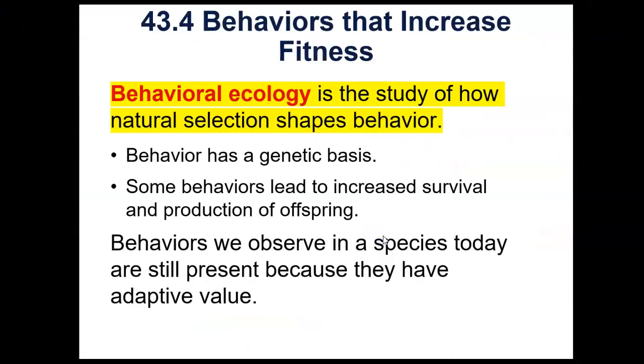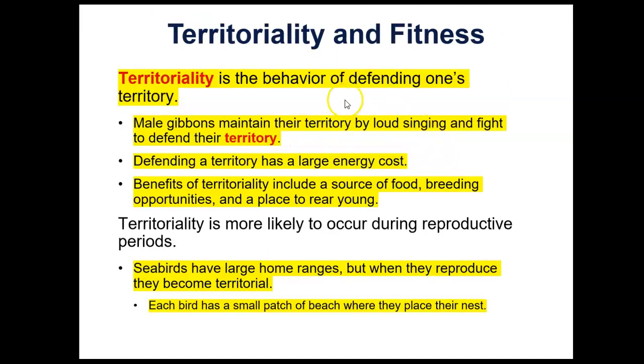So moving on to section 4, behavioral ecology is the study of how natural selection shapes behavior. So these are behaviors that increase the fitness of the organism. Territoriality is the behavior of defending one's territory. I see this with my dogs, especially one of them.